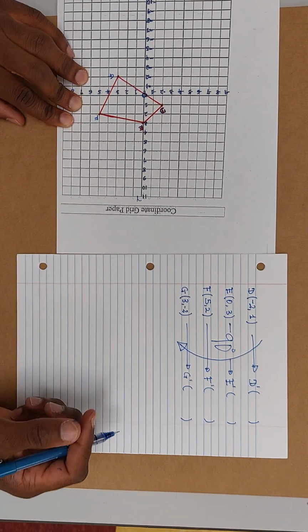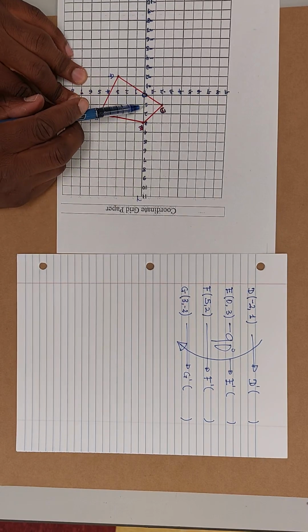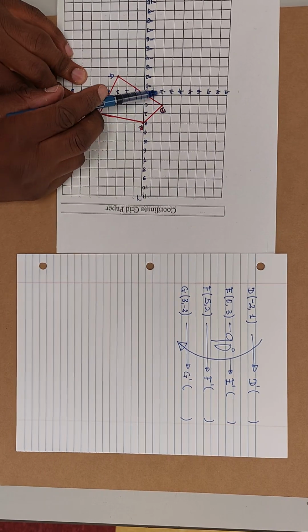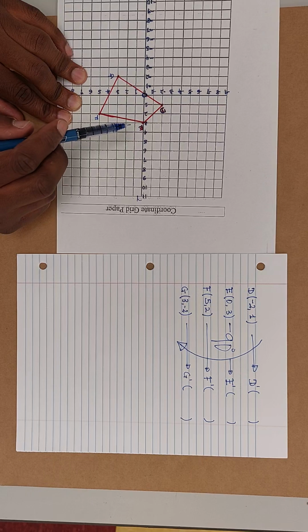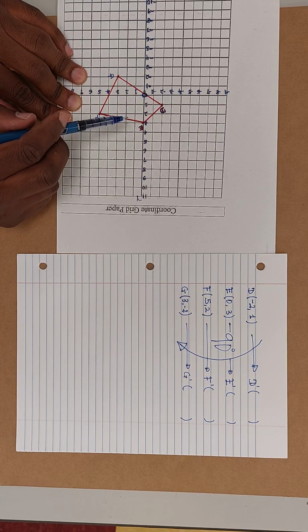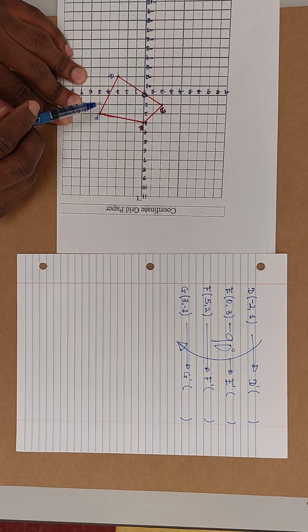After the rotation, we have D sitting here in the first quadrant with a positive 1 for X coordinate and a positive 2 for Y coordinate. It says negative 2 here, but it is not negative 2, as we know that above 0 we always have positive numbers.